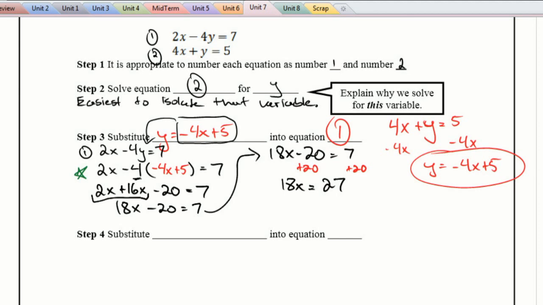And then I'm going to divide both sides by 18. Gives me x is equal to 27 over 18, which I can then simplify. I'm thinking, I could probably pull a 9 out of both those things. So I end up with 3 over 2.